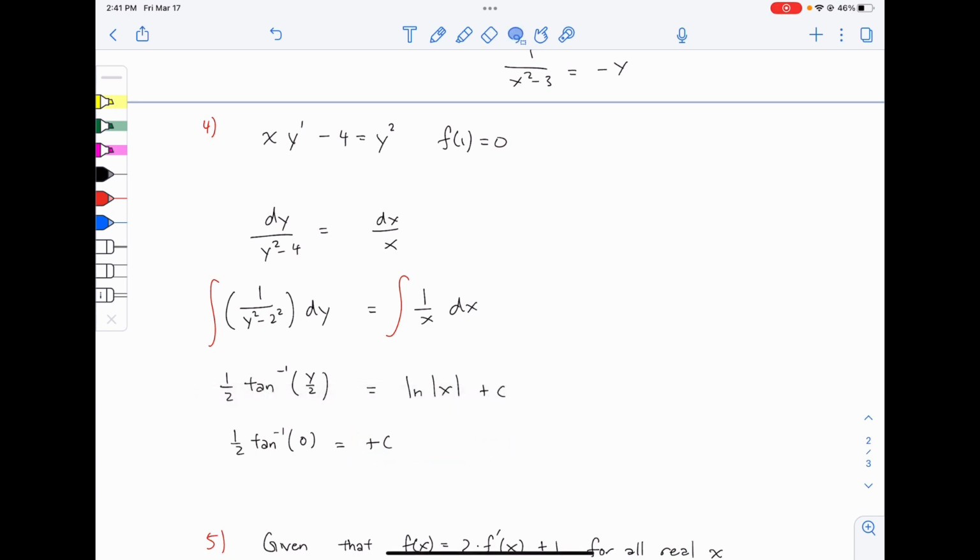Okay. I'm going to multiply by 2 on both sides, so I get tangent inverse of 0 is equal to 2c. The tangent inverse of 0 is 0, so 0 is equal to 2c, meaning c is equal to 0.